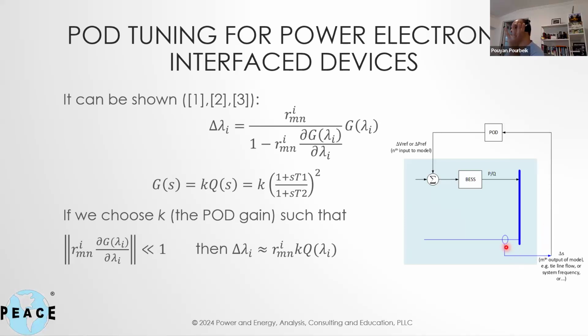So in this example, maybe I'm picking the flow on some tie line. I can calculate the residue for a given eigenvalue, and that eigenvalue may be my inter-area mode of interest. I can calculate the residue for eigenvalue i from that given stabilizing signal output of the model M to a given input of a particular controller.